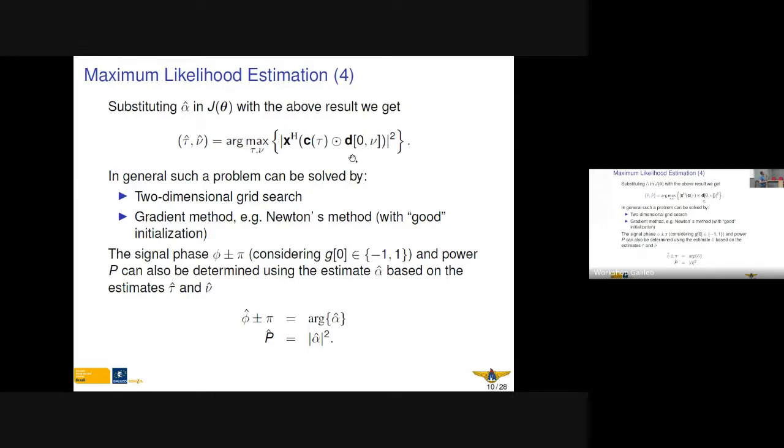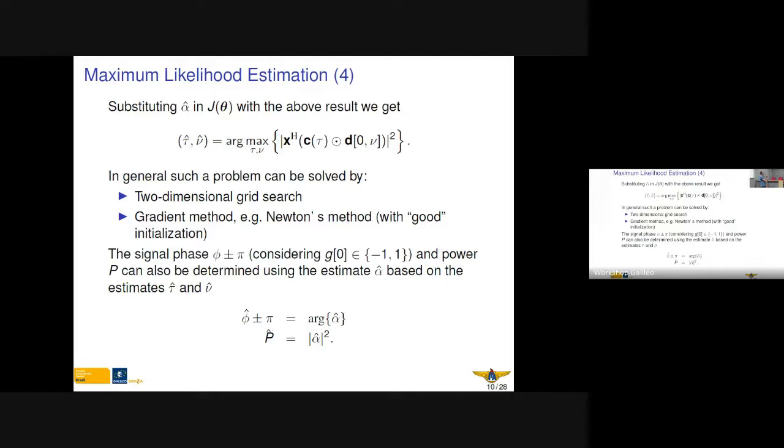Very nice, because again, this is the absolute value square of the cross correlation of the received signal with our model parameterized by tau and nu. So we end up with a two-dimensional nonlinear optimization problem. And we can now try to solve that in general. Yeah, there are many ways of solving this.